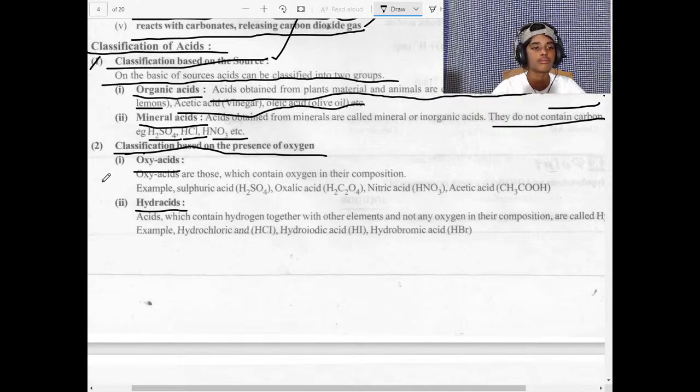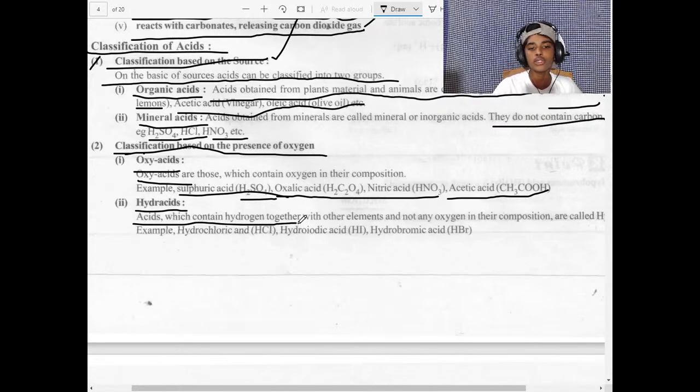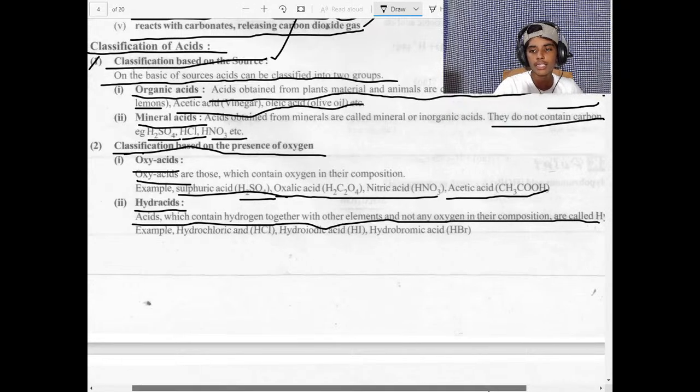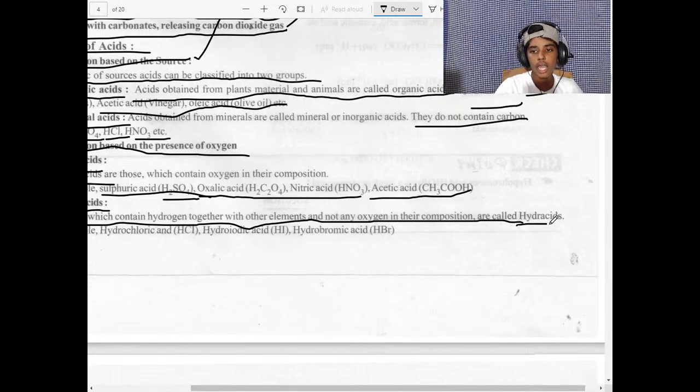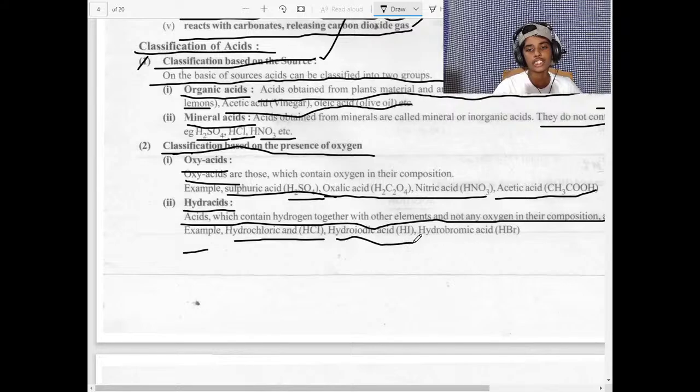Examples: H2SO4, sulfuric acid; oxalic acid, H2C2O4; nitric acid, HNO3; acetic acid, CH3COOH. And next, hydracids. Acids which contain hydrogen together with other elements but not oxygen in their composition are called hydracids. Examples: hydrochloric acid, HCl; hydroiodic acid, HI; hydrobromic acid, HBr.